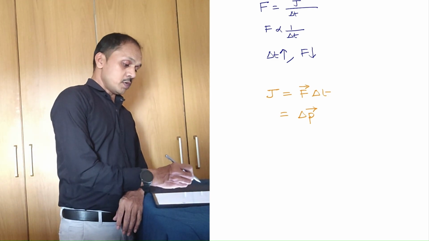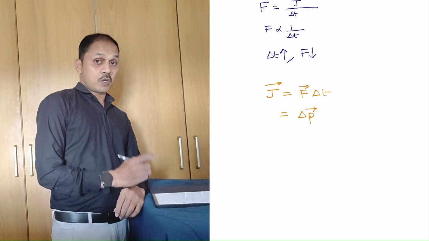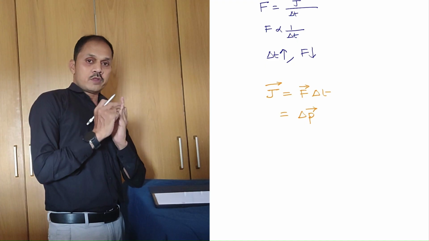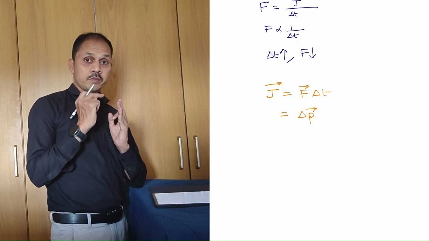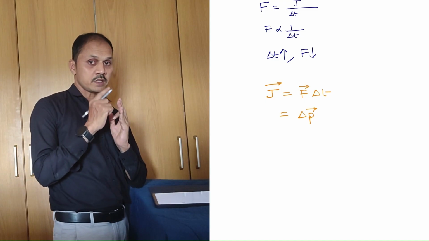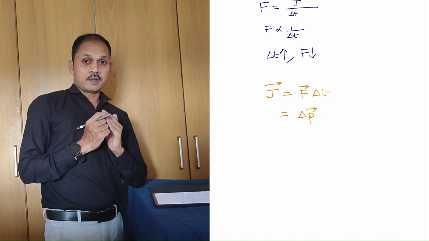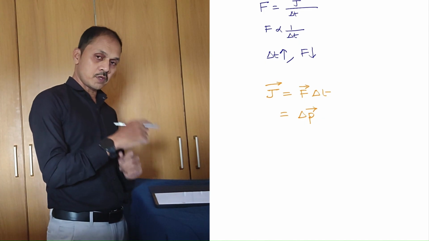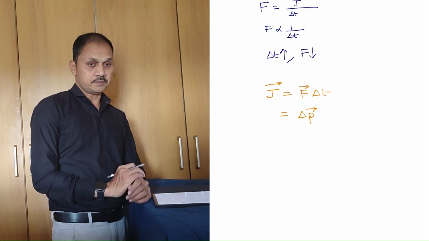And change in momentum is nothing but the impulse. So now what can we say? The net force acting on the body, change in momentum, and impulse are all in the same direction. There is one more quantity in the same direction. What is it? Guess. Acceleration. Acceleration produced in the body due to this force. So all these things are in the same direction.